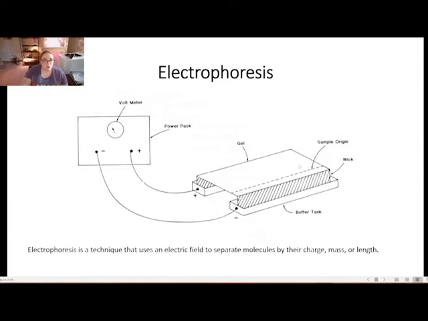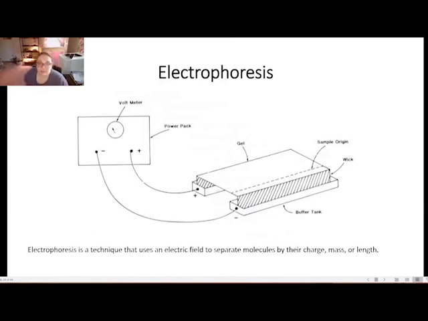And then you run a strong electric current through the gel. Because each of those molecules that you put down differ in size or charge, they're going to move across the gel from their origin point at different speeds. So the current is going to cause them to move at different speeds, and because of that, they're going to end up in different positions when you're done.